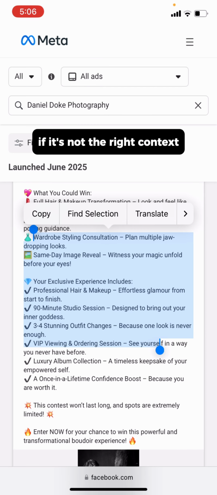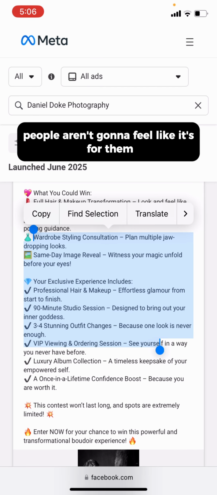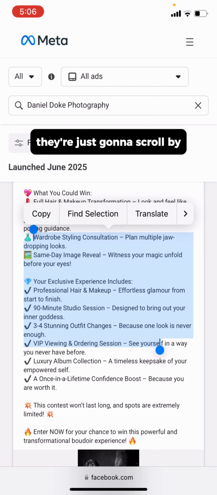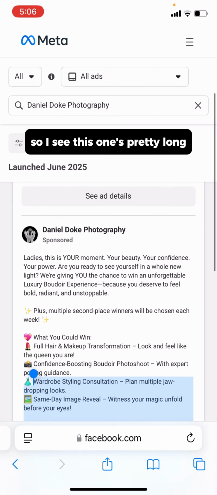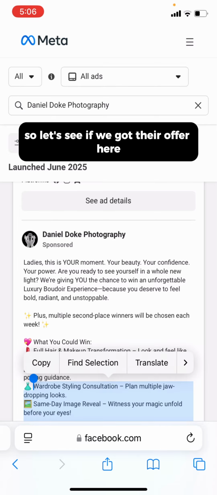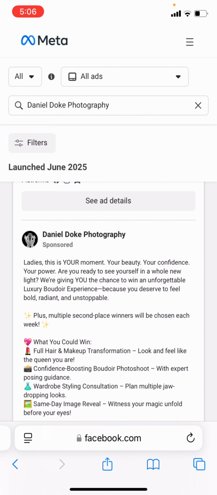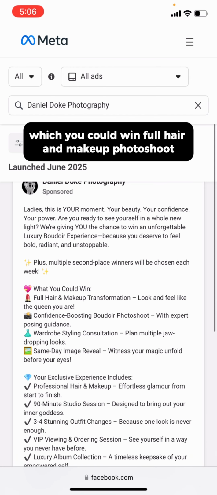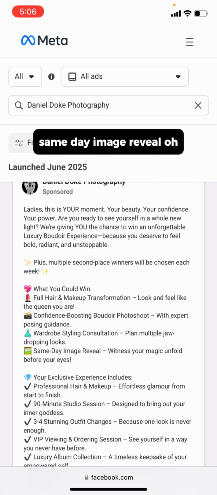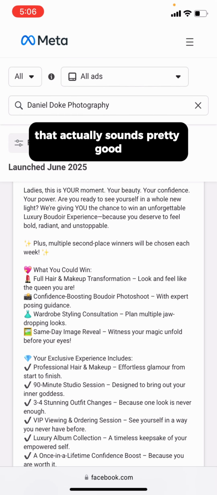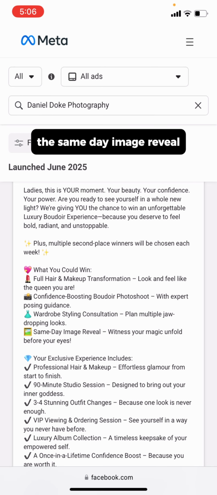Because if it's not the right context, people aren't going to feel like it's for them, they're just going to scroll by. So I see this one's pretty long, so let's see if we got our offer here. Luxury boudoir experience, multiple second place winners, which you could win: full hair, makeup, photo shoot, wardrobe, same day image reveal. Oh, that actually sounds pretty good. The same day image reveal.